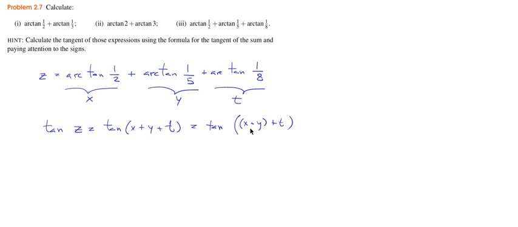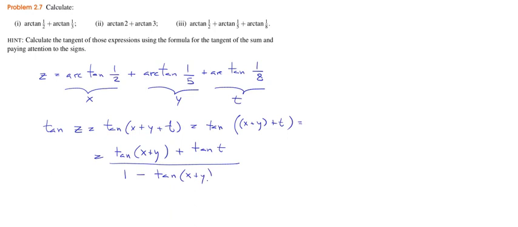We're going to take x plus y as just the same number, so one block. So we have, using the expression for the sum of the tangent, tangent of x plus y plus tangent of t over 1 minus tangent of x plus y times tangent of t. And now what we do is we substitute here the expression of the tangent of x plus y that we already know.